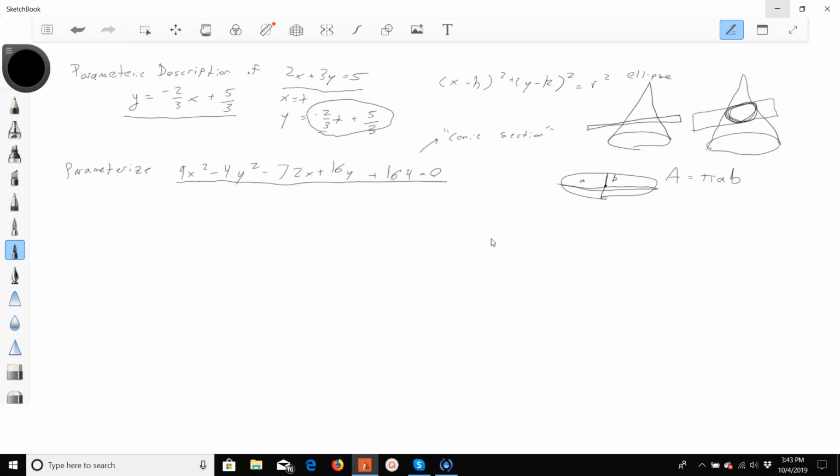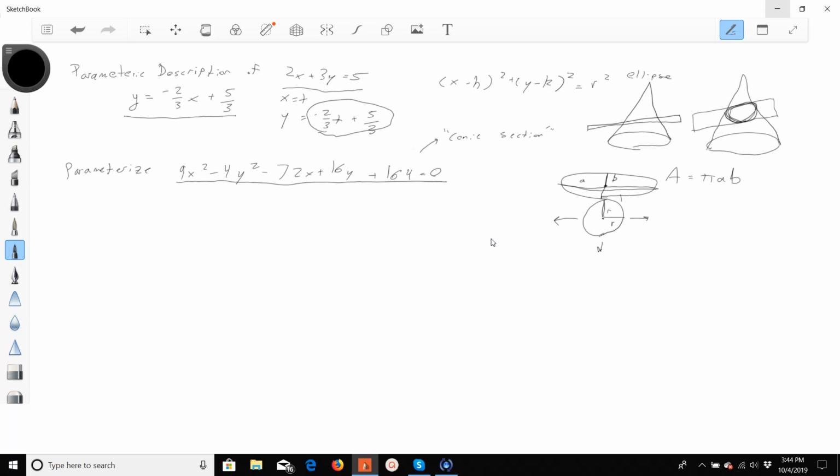In other words, the area of an ellipse. And a way that always made sense to me was if you've got a circle here, we've got R and we've got R. They're the same. In an ellipse, you either stretch it out this way or maybe that way.